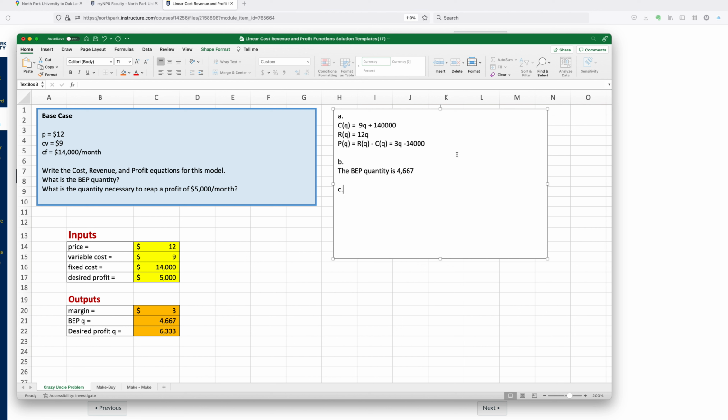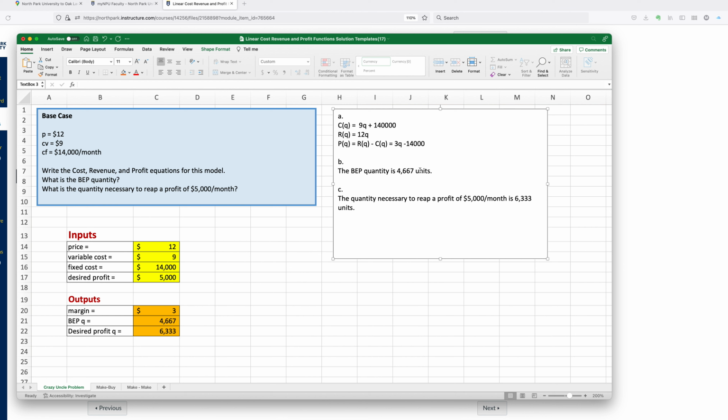C, what happens here? It says, what is the quantity necessary? So the quantity necessary, maybe I'll just even copy paste it. The quantity necessary to make 5,000 a month is 6,333 units, if I want to put units of whatever it is I'm making.